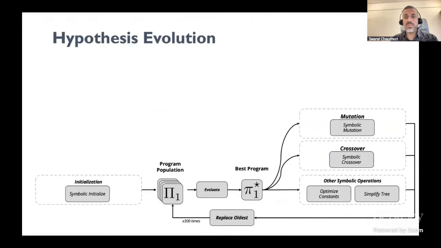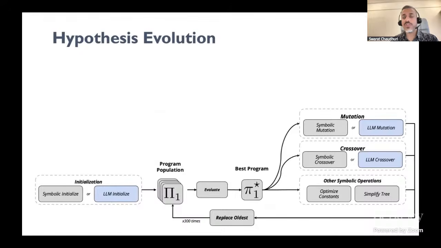This is a little bit more detail about how the hypothesis evolution works. You start with this initial program population, then you're evaluating, getting the best program, mutating or crossing over, and then replacing the oldest program, and this process just carries on for a while.